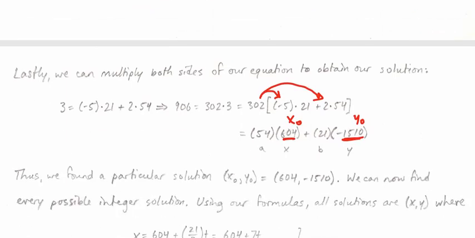So, as I just said, we have thus found a particular solution, x naught 604, y naught -1510. We can now find every possible integer solution.